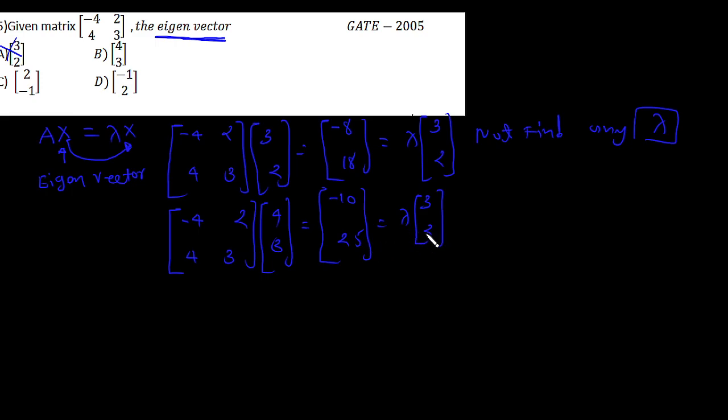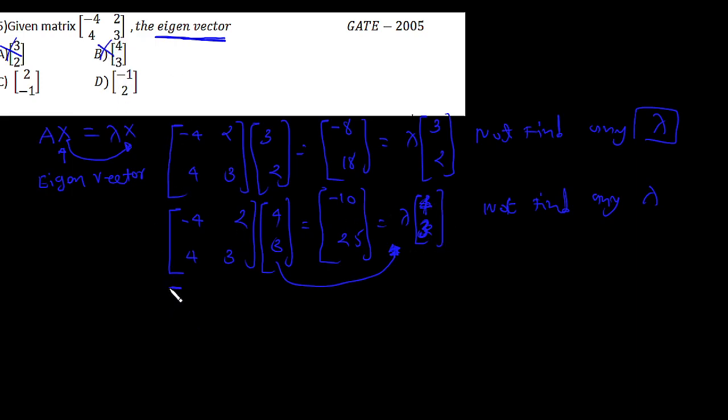So here again, we cannot find any such lambda such that we can write this in the form of lambda multiplied by this vector, sorry, here 4 cross 3, not 4 4 3. Okay, this vector we have to write here as it is. Okay. So option B is not correct.